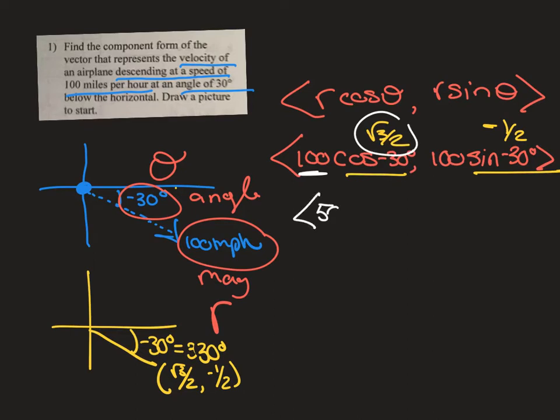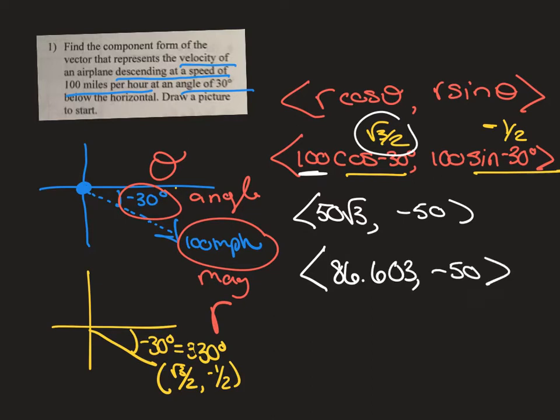If I multiply together my 100 and my √3/2, I'm going to have 50√3, and then half of 100 is 50, and it's going to be negative, so negative 50. And this is where I'm definitely going to grab my calculator so I can give you the decimal answer. My rounded answer is going to be 86.603, negative 50.